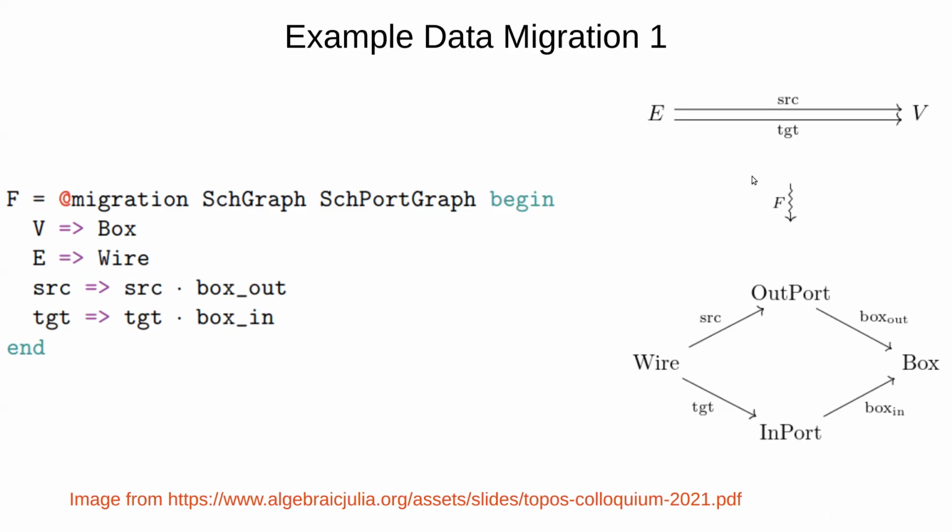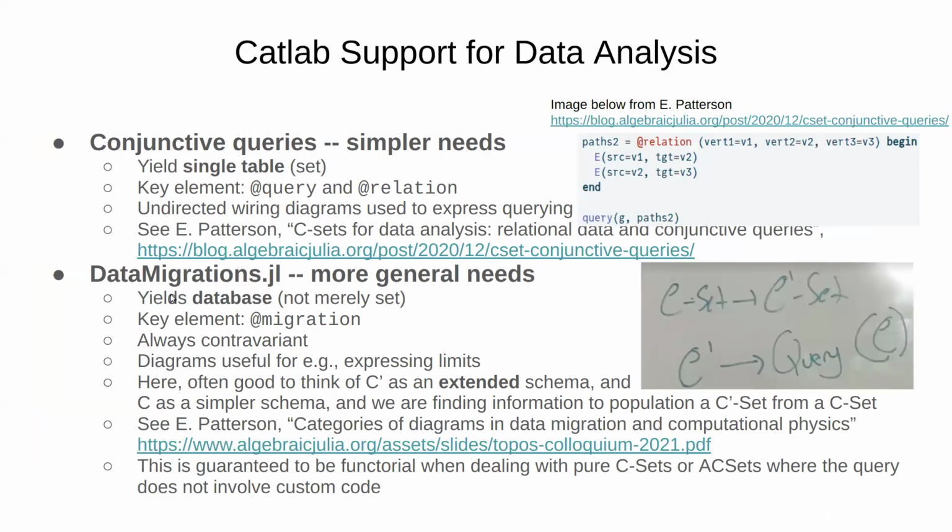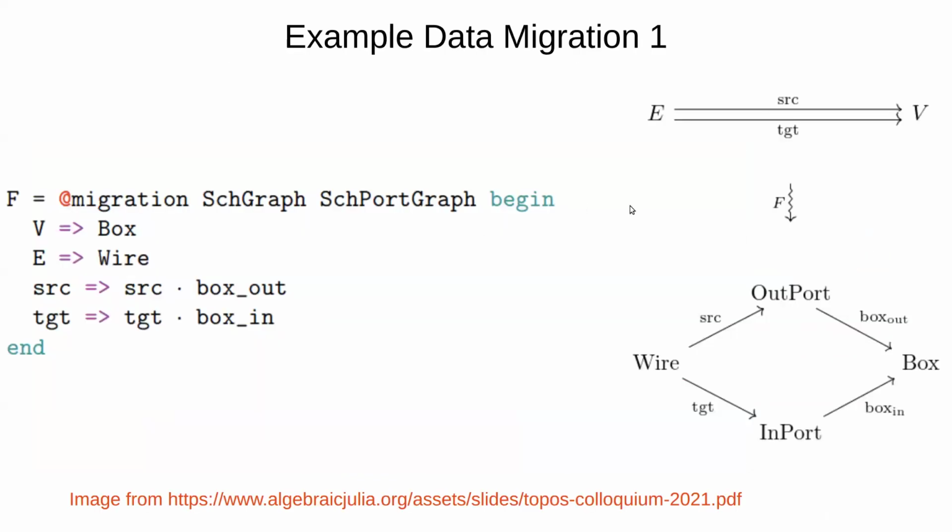Okay, so let's take a look at the syntax for this rewrite rule before I show you a bit of syntax that Shaoyan wrote, okay? So this is syntax for data migrations, where you use @migration. If you squint your eyes, you can kind of understand it. It says, okay, look, if I want to go from this instance, which is a graph, to this instance, which is a port graph, I want to map V to Box.